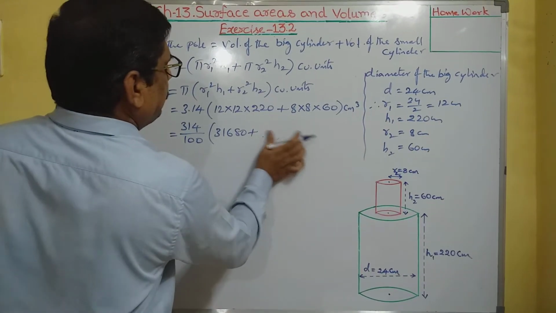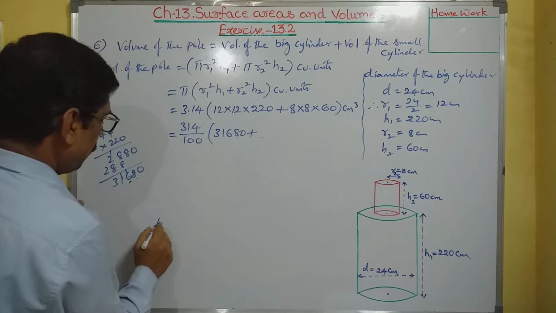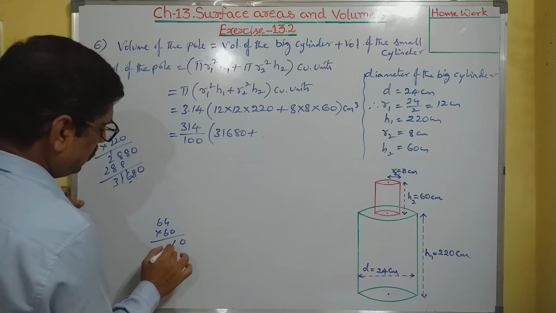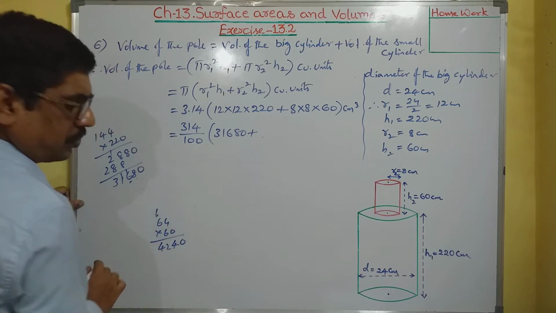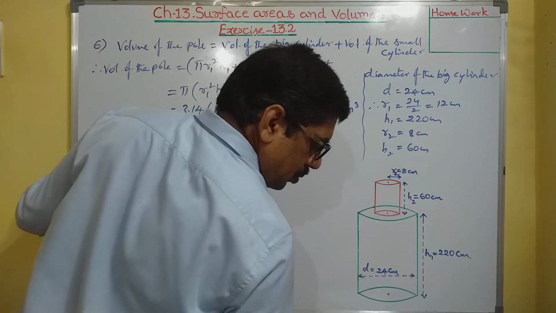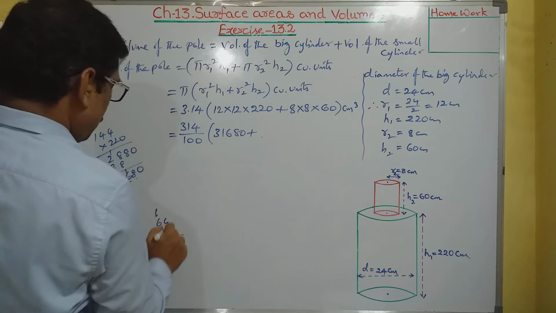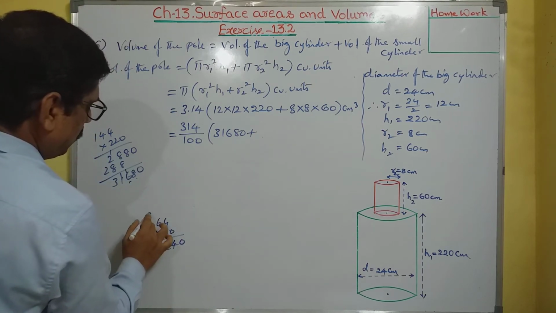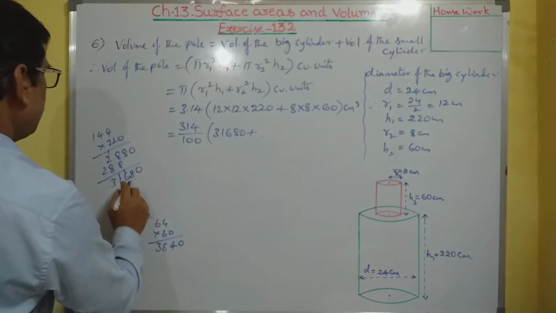So this is not 960. 8 8 is 64 into 60, which is 3840.